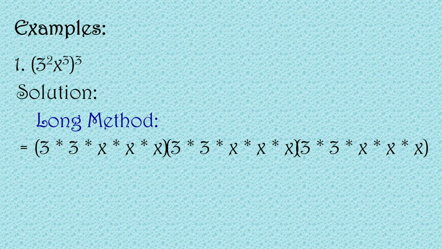Kapag binilang natin si 3 dyan, merong 6. Tapos, si x, merong 3, 6, 9, siyam. So, i-multiply natin yan. 3 times 3 times 3 times 3 times 3 times 3. So, 729. Tapos, ang x natin raised to 9. So, 729x raised to 9.